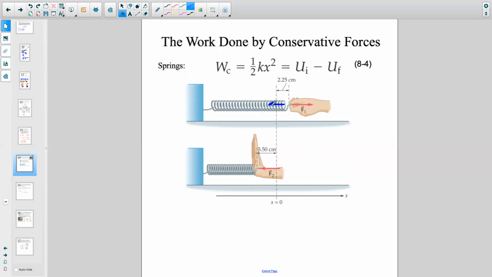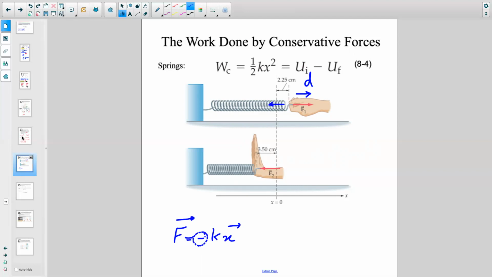It wants to go back to its original shape, but the displacement is in this direction. This negative in F equals negative kx means they are in opposite directions.